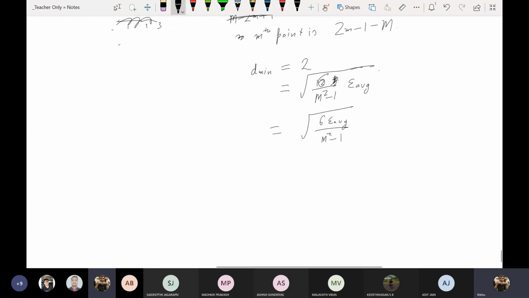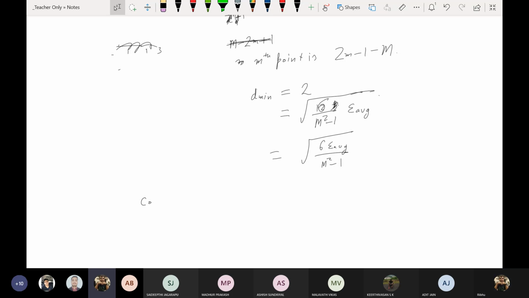So now, since this constellation is an easy one, we will calculate both the exact probability of error and the union bound. So now, considering the ith point, so first let's have this.